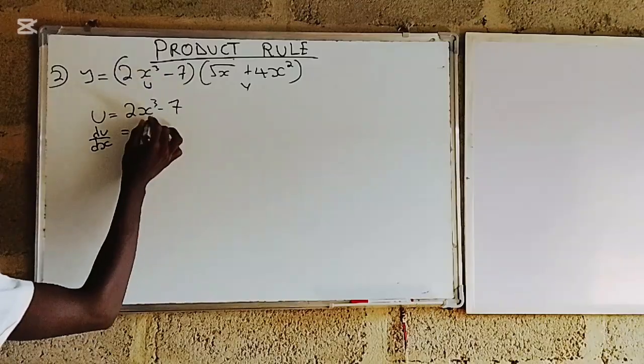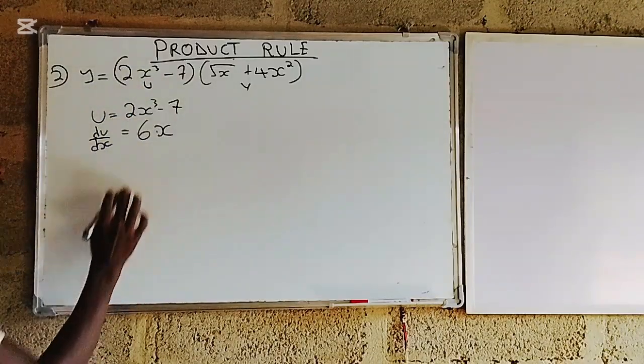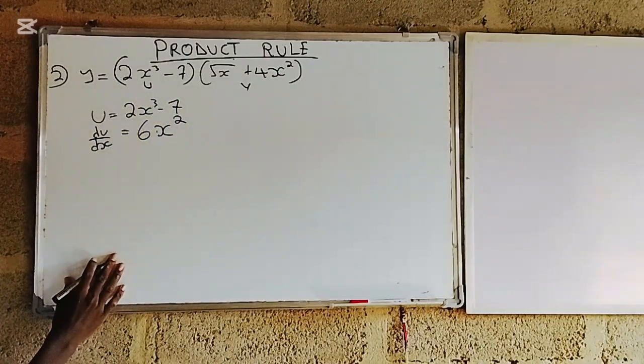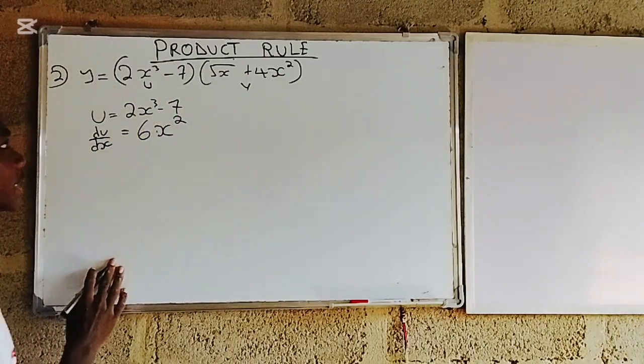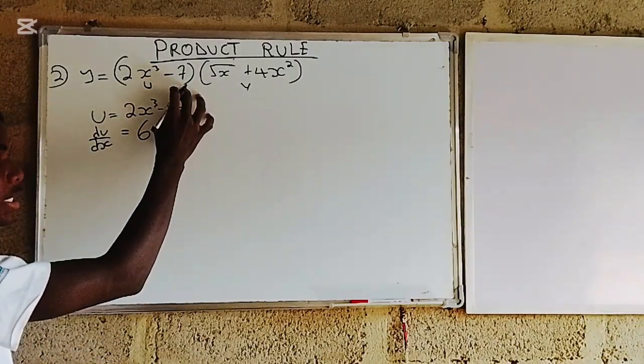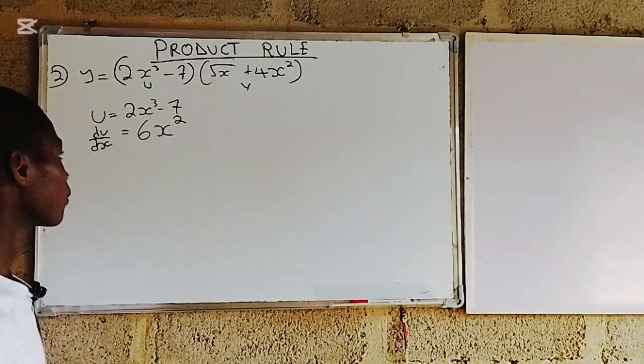2 multiplied by 3, which is 6. I have to keep the x down. I have to subtract 1 from this power, and it will now become 2. So the next thing that I'm going to do is that the derivative of this 7 is constant. This 7 is constant, and its derivative is 0.